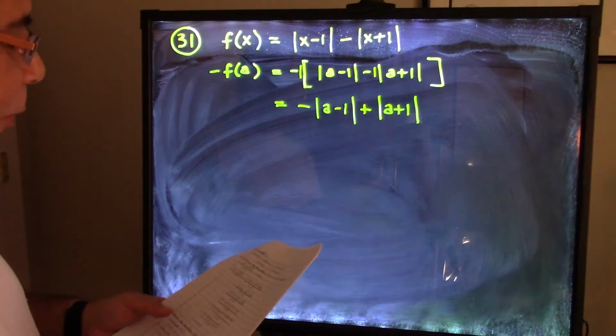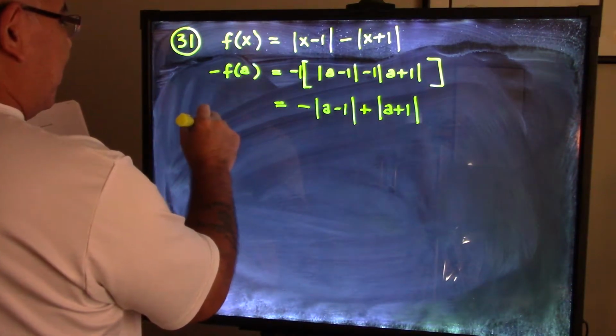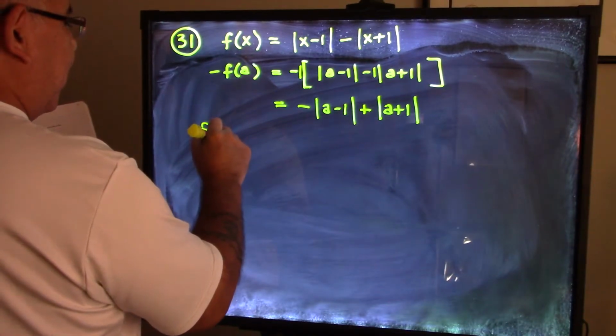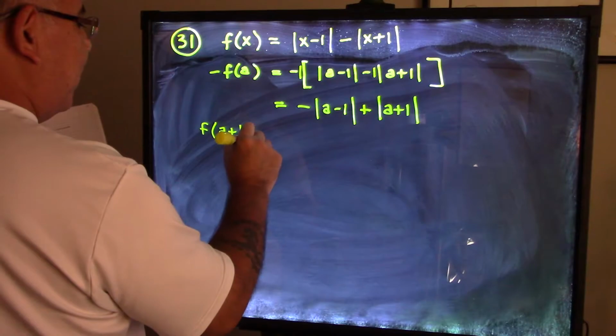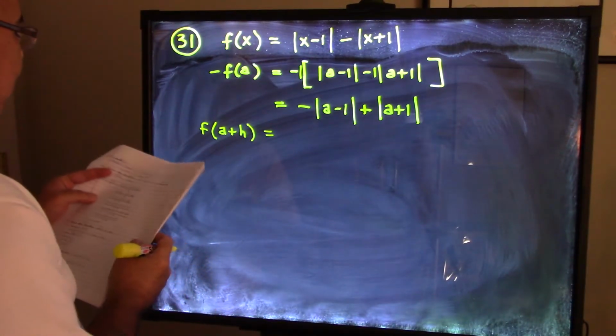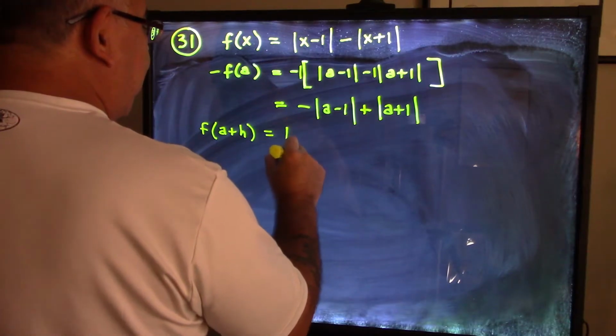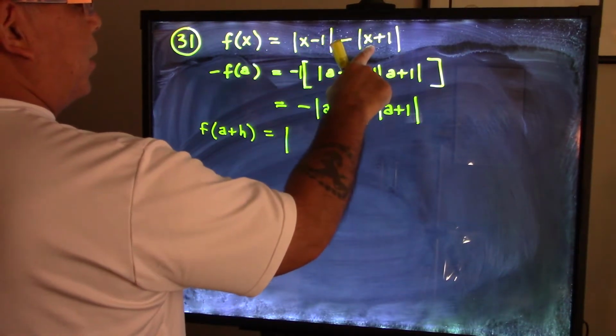And then f of a plus h, seems like I'll need a lot of room for this, but it turns out that it does not require that much space, because there's not too much simplifying that can be done with this. Now you put the a plus h everywhere you see the x's in the formula, here and here.